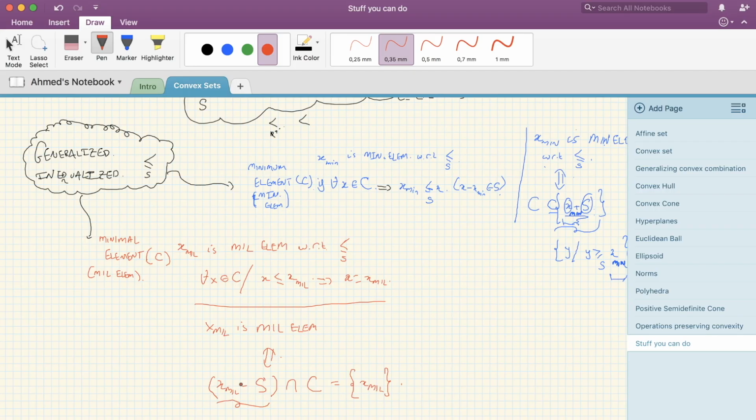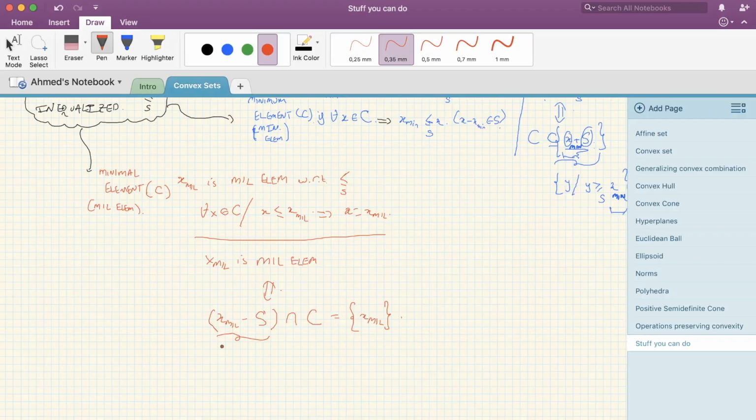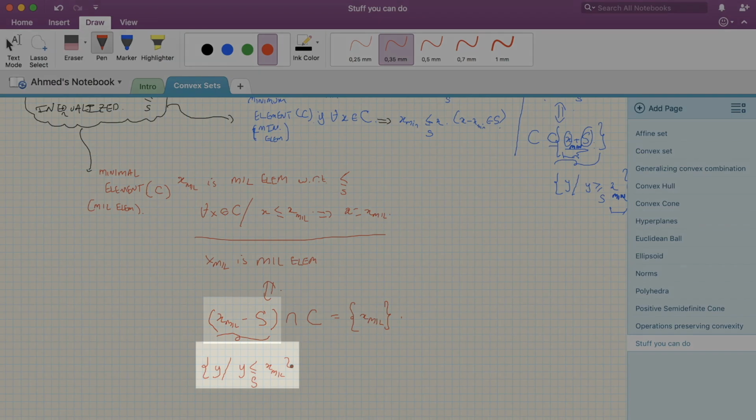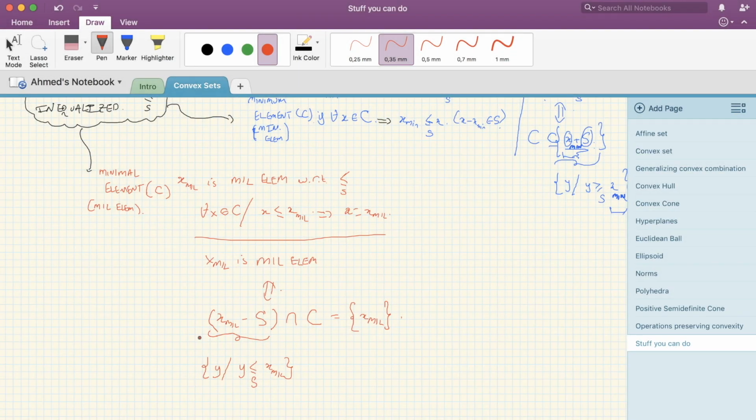It's all those points that are less than x_mil. So if I were to define it alternatively, it would be all y's that are less than x_mil with respect to S, of course. So this and this are the same thing.